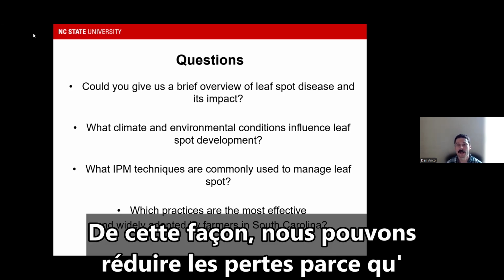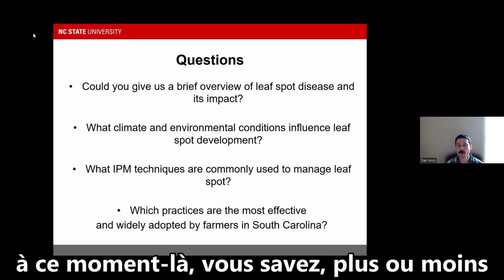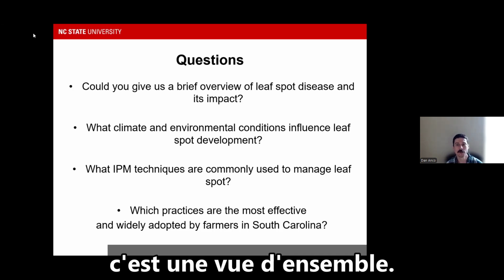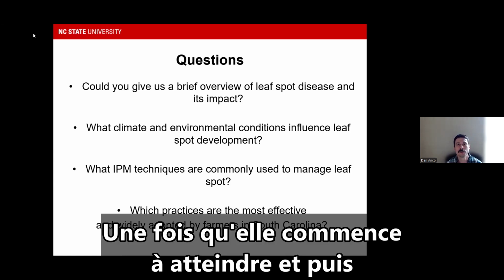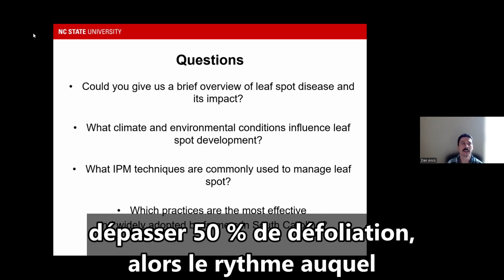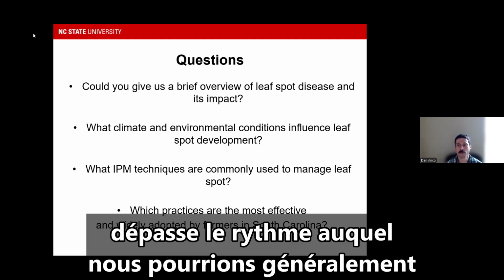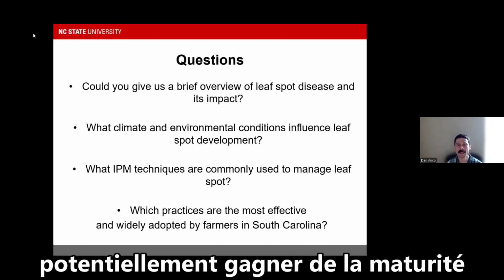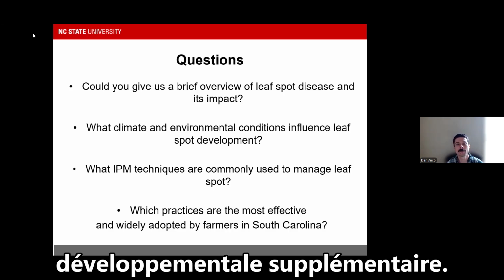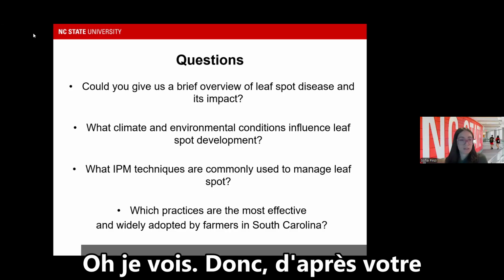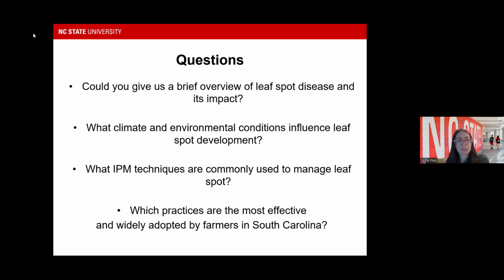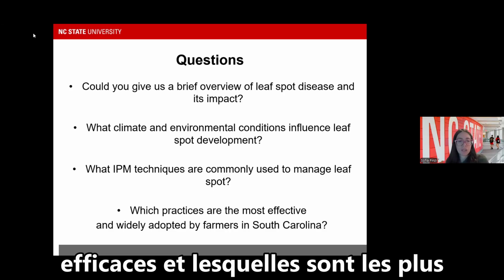That way we can cut the losses because at that point, more or less, once it starts to reach and then exceed 50% defoliation, the rate at which the loss of pods increases exceeds the rate that we would typically potentially gain from the additional development of maturity.